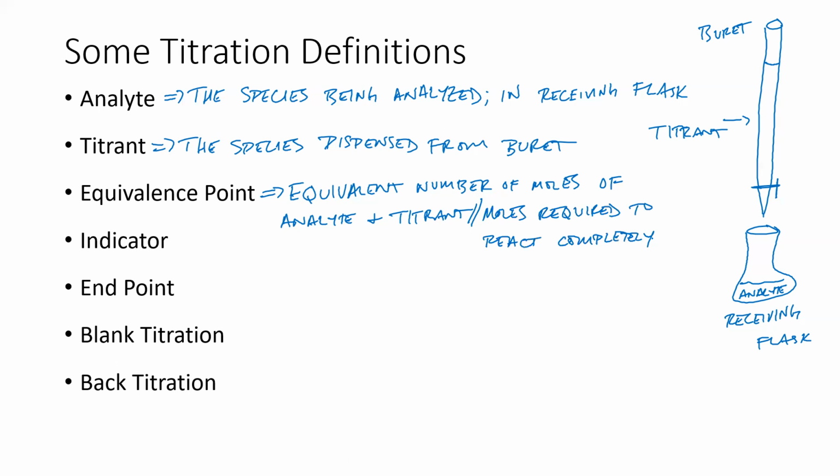All right, now our indicator is a compound with some physical property. Very often, I would say more than 95% of the time, that physical property is a color change, but it doesn't have to be.